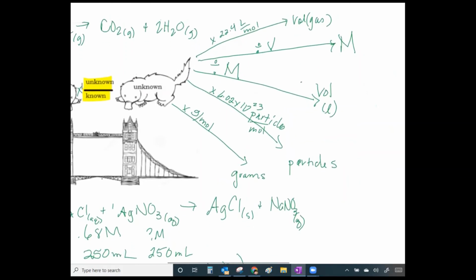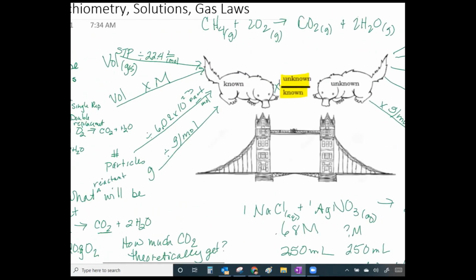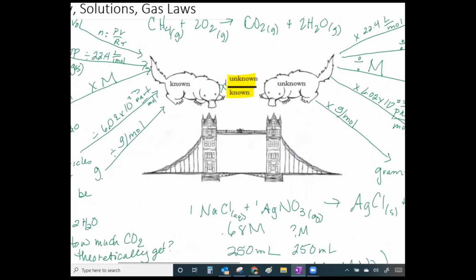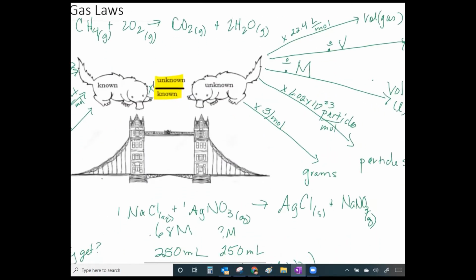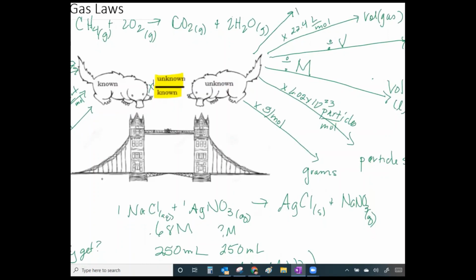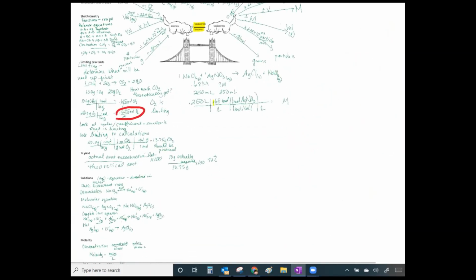If it's not at STP, and you know volume, you can solve for moles by doing n is equal to PV over RT. And if you're going back to volume, not at STP, volume is equal to nRT over P.